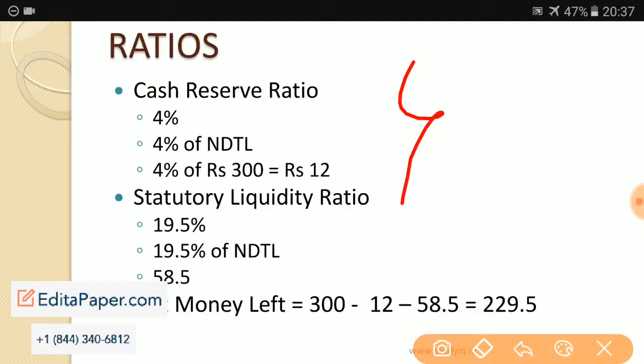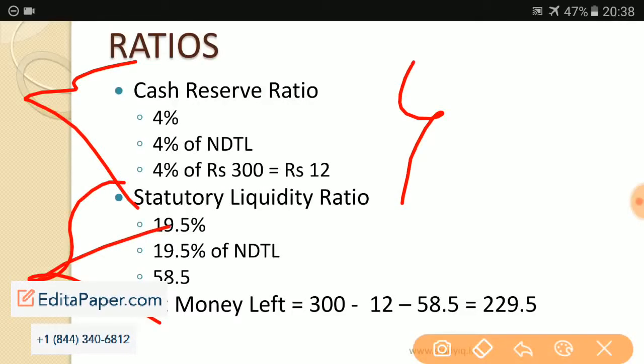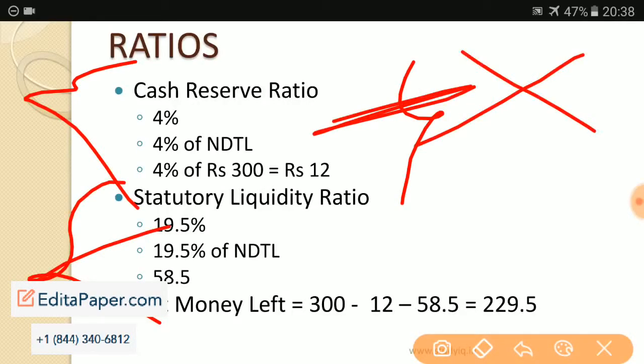If we talk about the statutory liquidity ratio, it is that portion of the NDTL that is invested in government securities, gold, liquid cash, or any other RBI approved security. So the major difference between the cash reserve ratio and the statutory liquidity ratio is that in the cash reserve ratio there is no earning for the bank, whereas in the statutory liquidity ratio there is some earning.